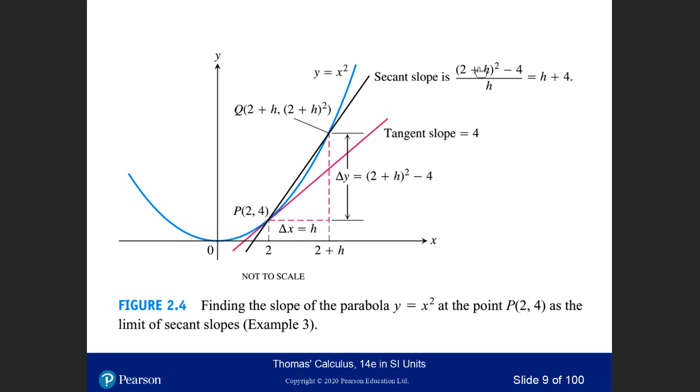That is f of x2, that's this point Q, and if you open this up, the 4's cancel out, and h cancels out. The result of this is h plus 4. So when you take h to 0, you get the tangent line, and it seems that the tangent line has slope 4.